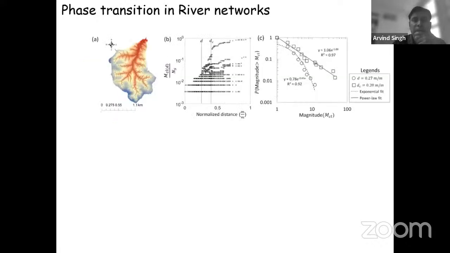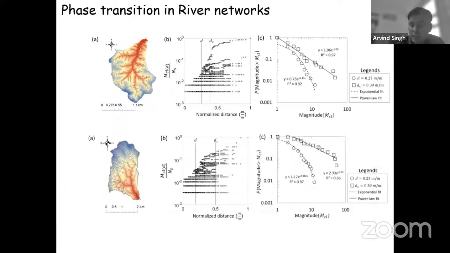When we compare these distributions as a function of climate, for example, the upper one is for a humid environment, whereas the bottom is for a dry environment, we observe that the distance at which the phase transition occurs is much smaller as compared to the one in the case of dry.